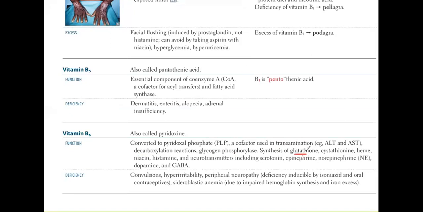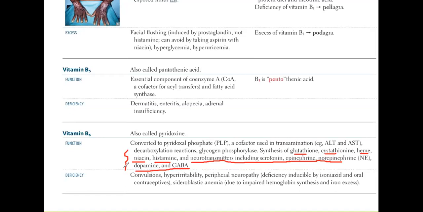Synthesis of glutathione, cystathione, heme, niacin, histamine, neurotransmitters, including serotonin, epinephrine, norepinephrine, dopamine, and GABA. So see how many mechanisms this B6 is important in. If you will not have B6, you will not be making these neurotransmitters.